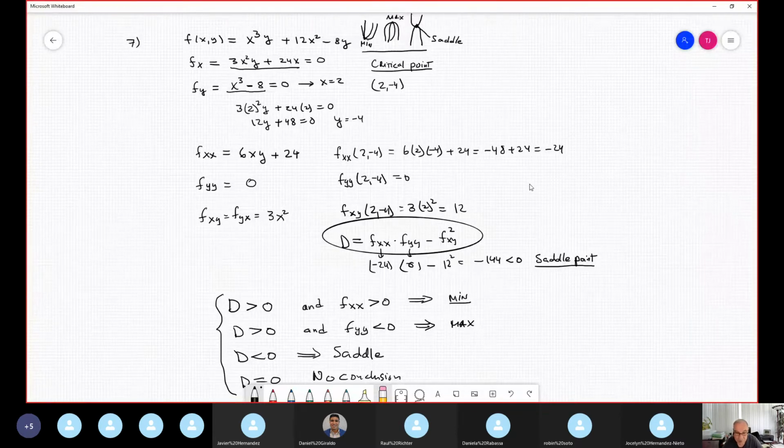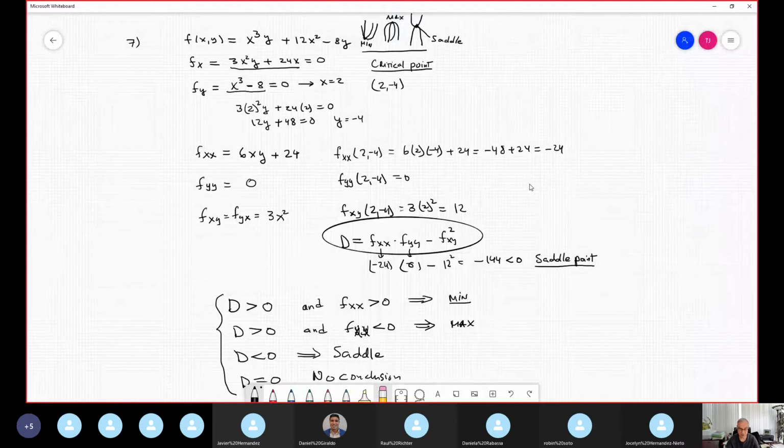See, that formula gives me a positive value. Well, I need to verify. Wait, I'm making a mistake here. This is XX always. Sorry, not YY, never. You compute the second derivative with respect to x two times, only that. This gives me the information of whether it is a minimum or a maximum. If D is positive, the confirmation that it is a minimum is that the second derivative with respect to x two times is positive.